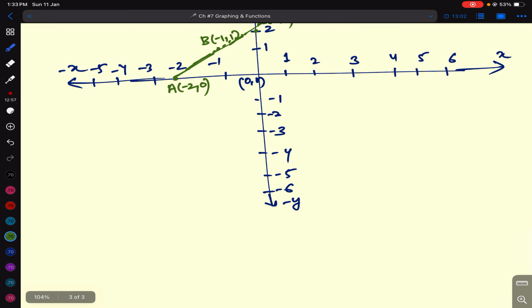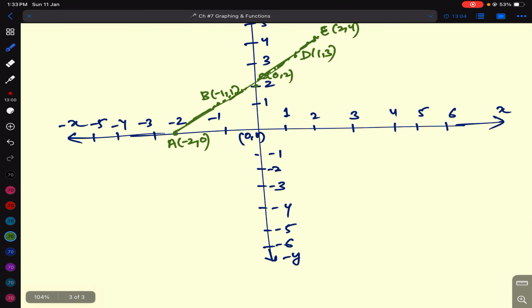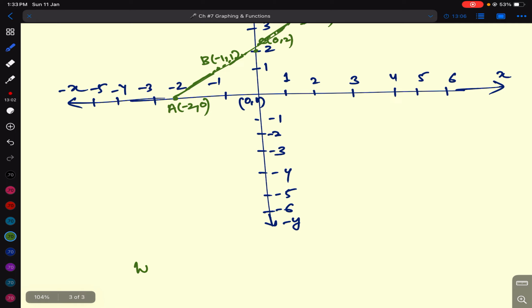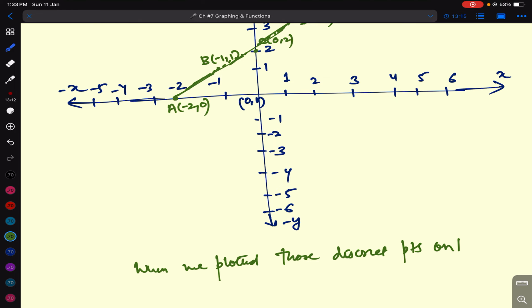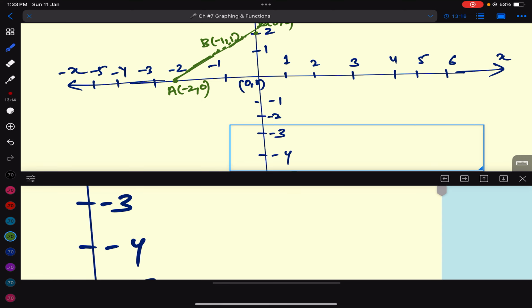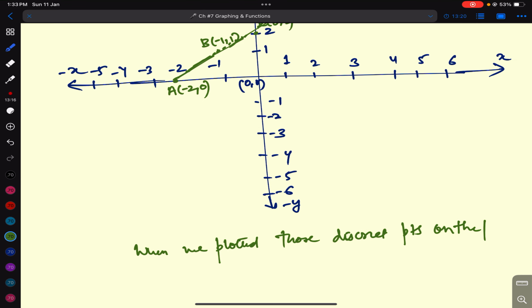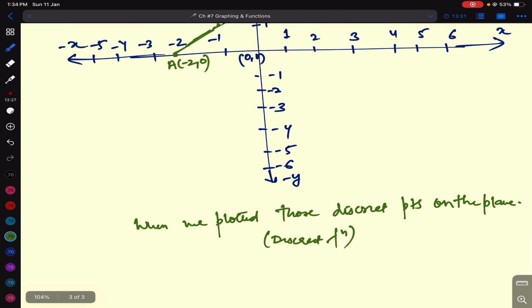Okay, so when we plotted those discrete points on the graph or on the plane, that was your discrete function, which consists of isolated points.